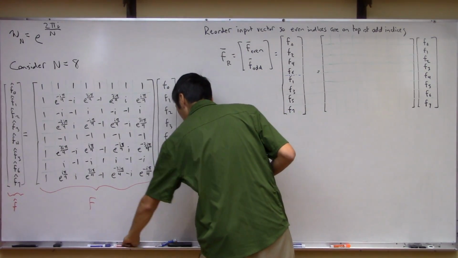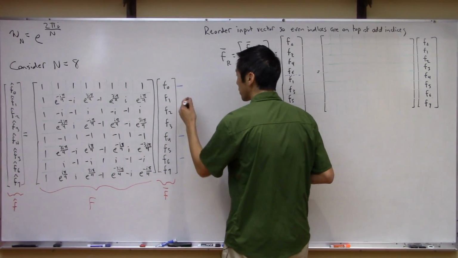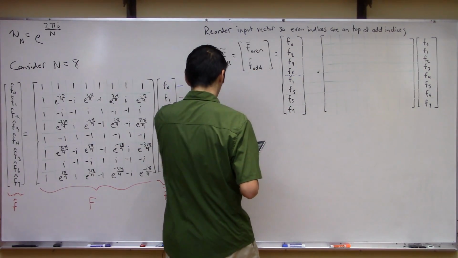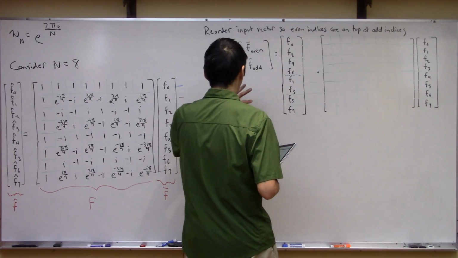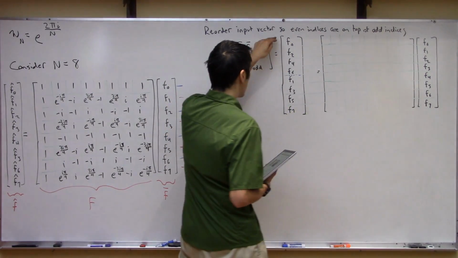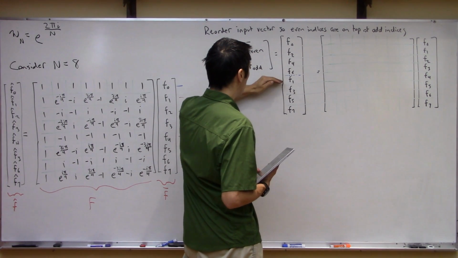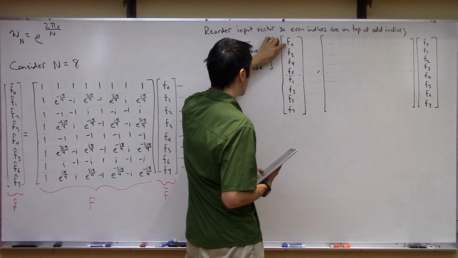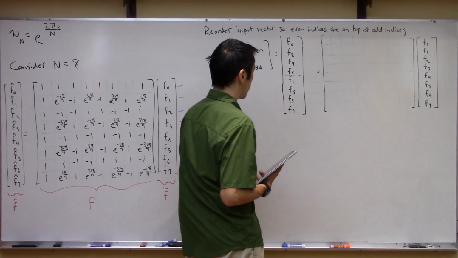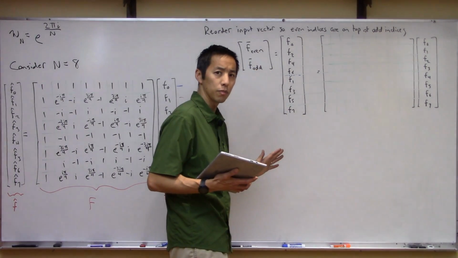And then pull out the odd ones, the 1, 3, 5, 7, and stack them on bottom, right? So all we're doing here is we're just reordering the input vector, right? So it's going to look like this. Now the top part above this dashed blue line is the even, F0, 2, 4, 6, and underneath it's the odd, 1, 3, 5, 7s, right? So that's the first thing we got to do, okay?